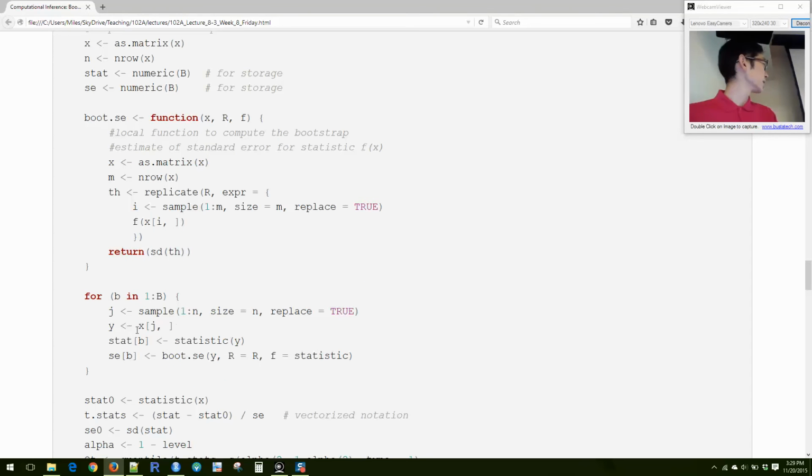And this is the big loop for the bootstrap. You take a bootstrap sample from 1 through n with replacement.